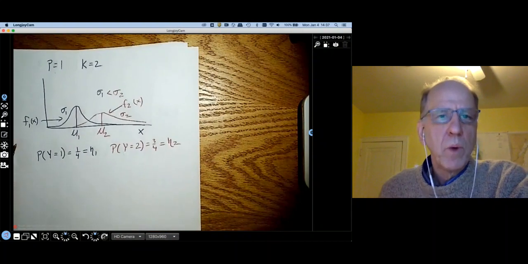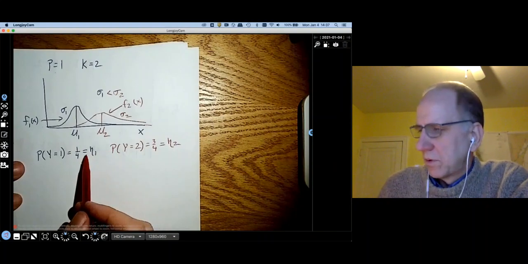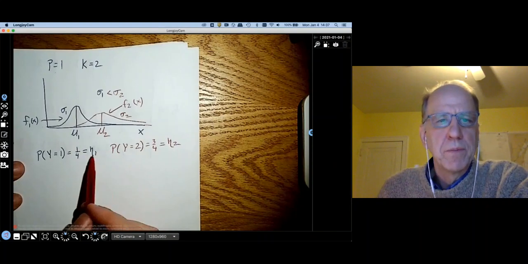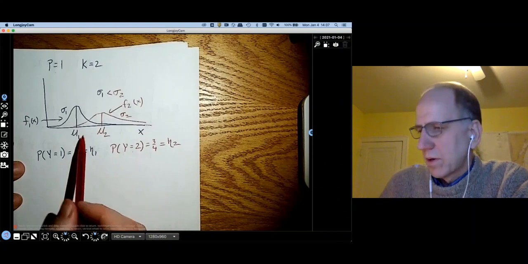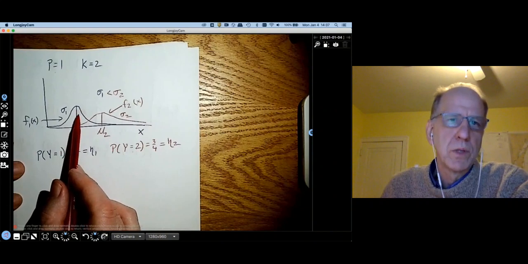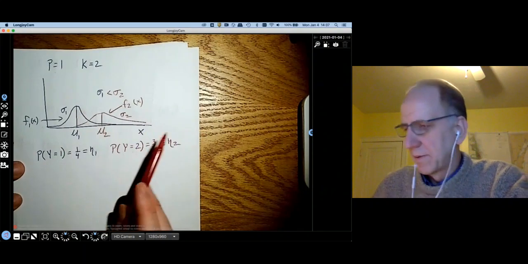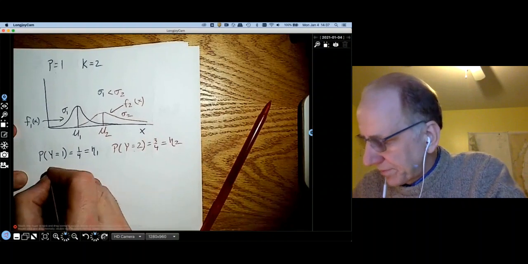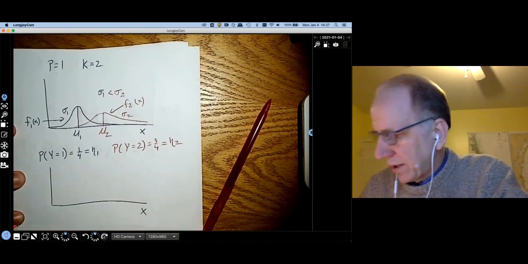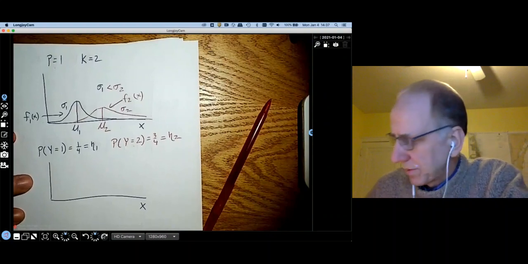So the way we generate data is we first draw an observation from this prior. Then a quarter of the time we're pulling observations from this distribution with a smaller standard deviation, and 3/4 of the time we pull it from this distribution. This gives rise to what I like to call the observed distribution.